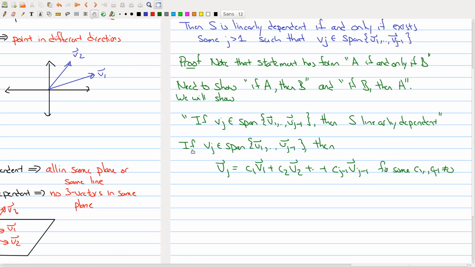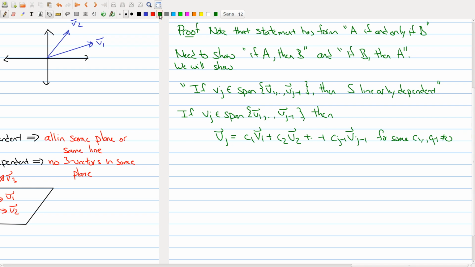Okay. But that means if we rearrange this equation, then the 0 vector satisfies C1 times V1 plus C2 times V2 up to Cj minus 1, Vj minus 1 plus minus 1 Vj, and now I can throw in a bunch of extra values of 0. 0 times Vj plus 1 up to 0 times Vp.